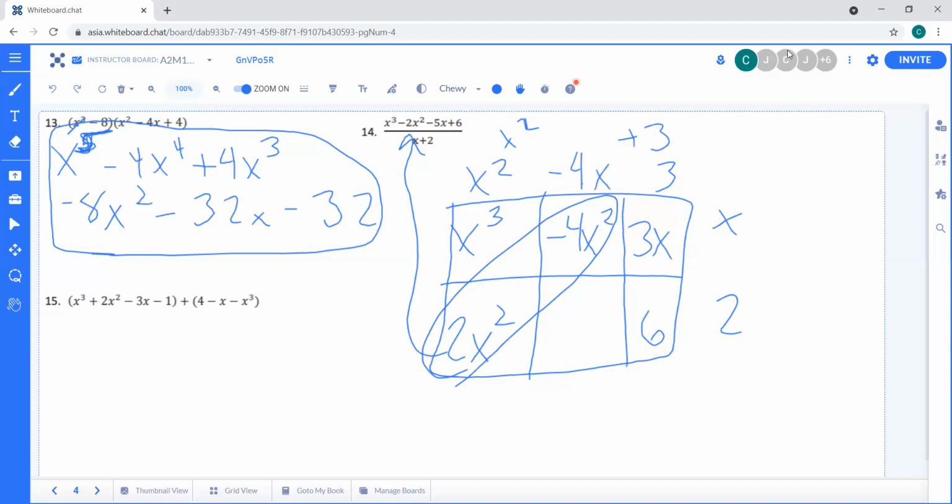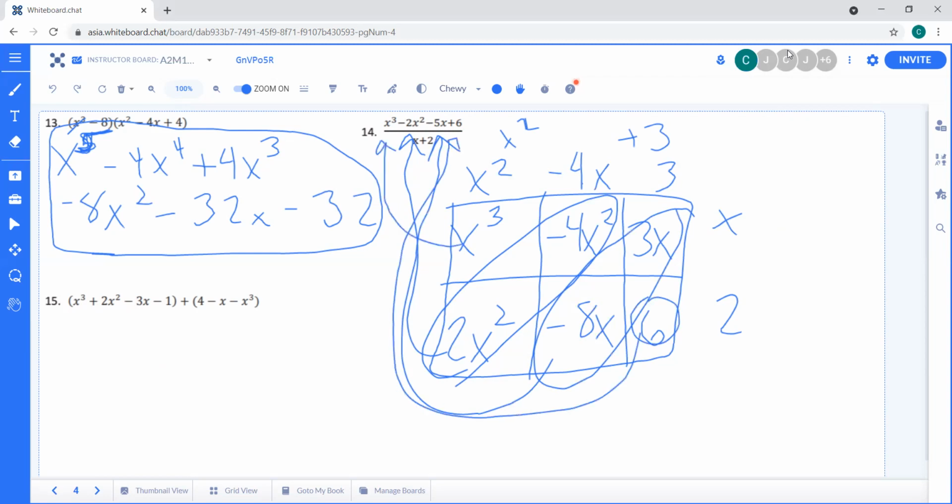Get negative 4x squared, which is going to leave me with a negative 8x. And that is my answer. Because this combines to be negative 5x. This doesn't combine with anything because it's already there. So negative 4x, that is my answer.